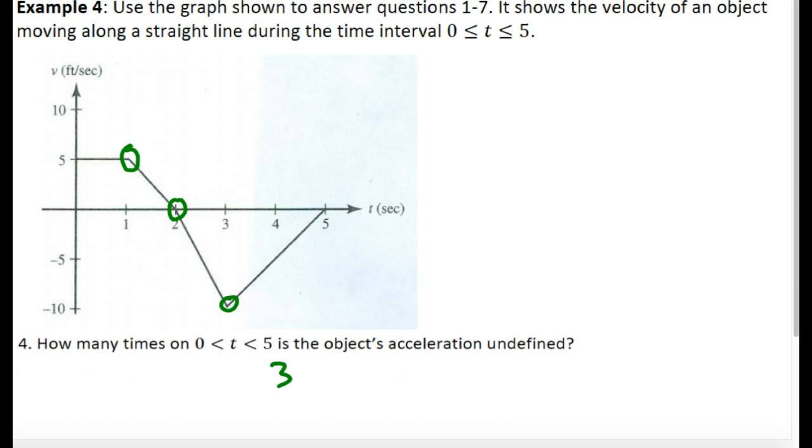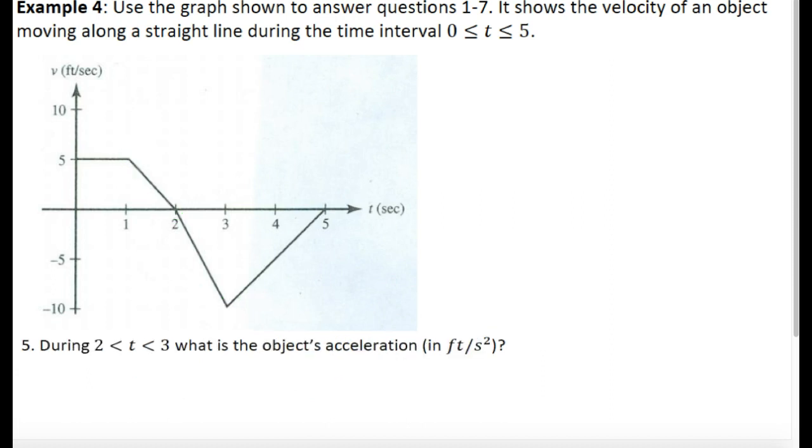All right, try this one. During 2 to 3 seconds, what is the object's acceleration? Well, acceleration is just slope of velocity, right? So I want to take a look at this piece and find the slope. So my coordinate points are 2, 0, and 3, -10.